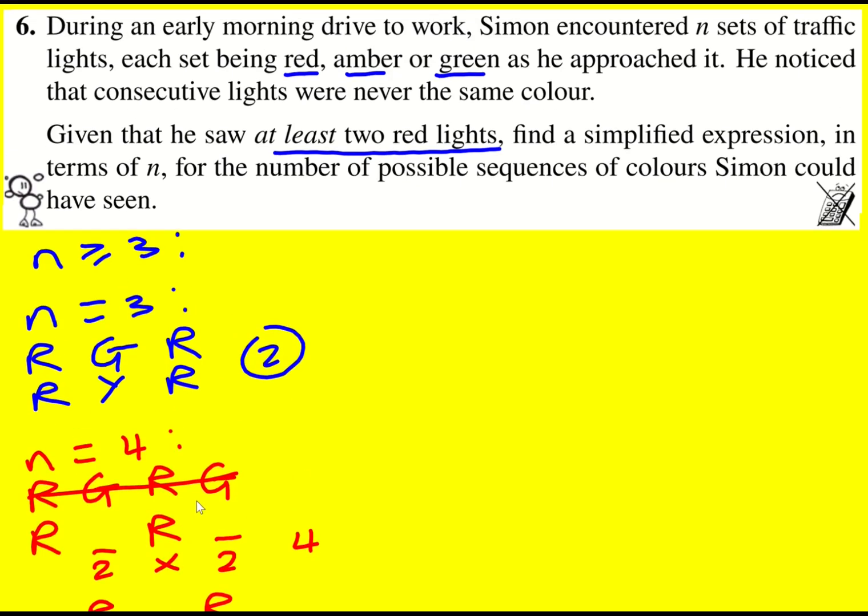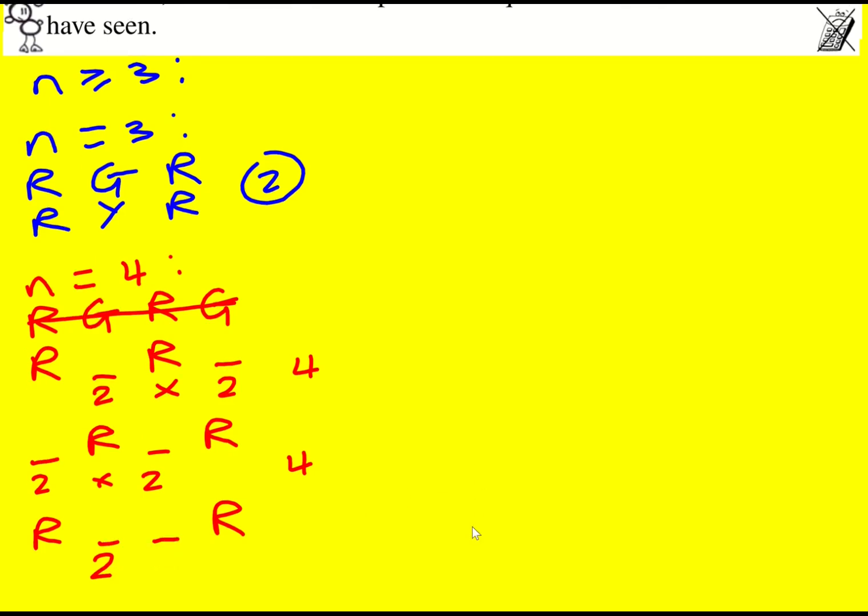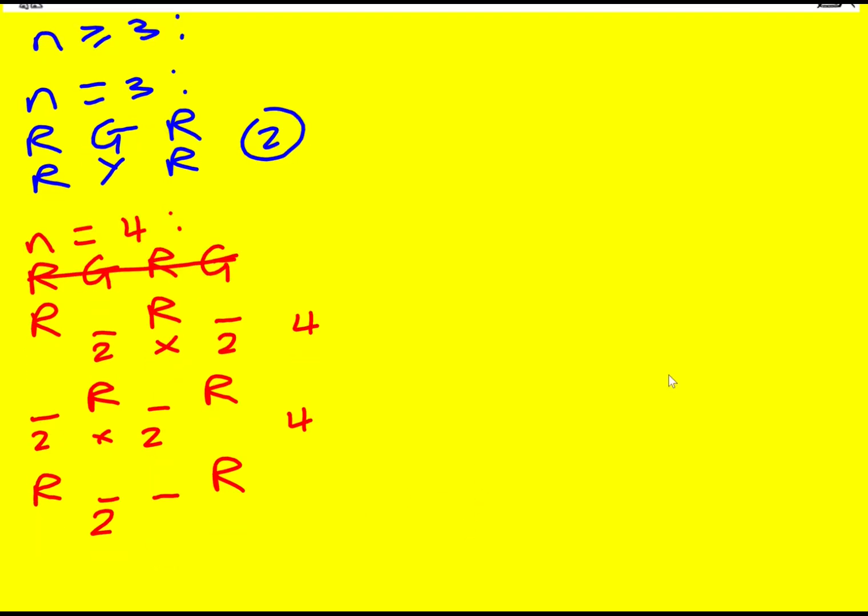Sorry, am I using amber? I'm using yellow instead of amber. I don't know why I started that, but I'm going to keep going with it. But now for this second one, if I choose green, I have to choose yellow. So actually, it's 2 times 1. And overall, there's going to be 10 options.